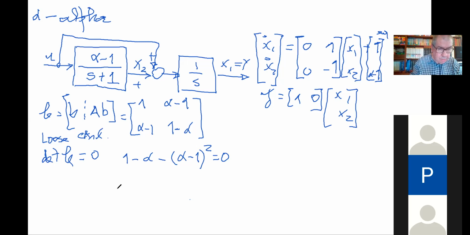This is 1 minus alpha squared minus 2 alpha plus 1, and if you equate to 0, multiply everything by minus 1.